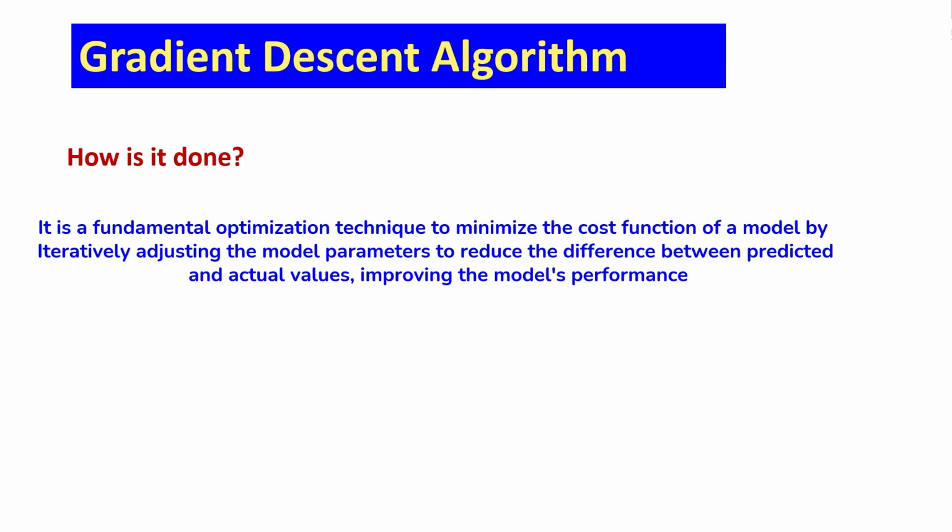I discussed with you in detail linear regression. In linear regression you have 2 model parameters, y = wx + b, where w and b are the model parameters. We simply adjust these 2 model parameters so that we can reduce the difference between the predicted value and the actual value.